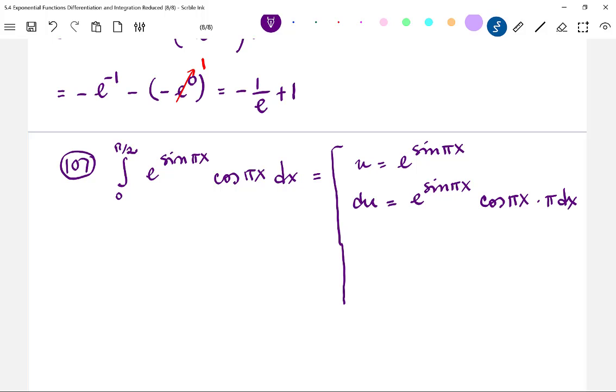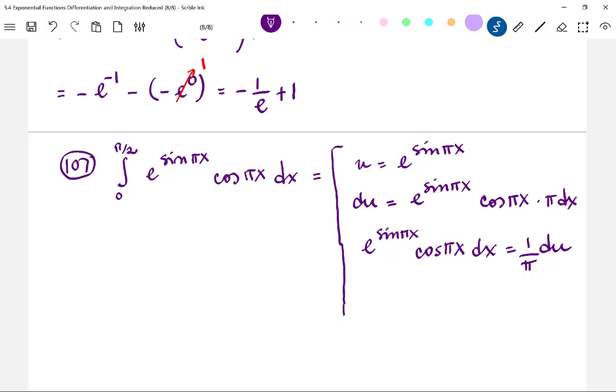Now, to be able to solve for e to the sine pi x times cosine pi x only, I need to divide by pi both sides, so that's 1 over pi du.